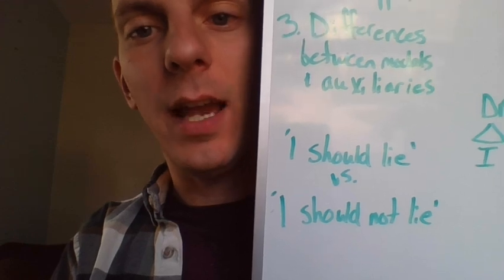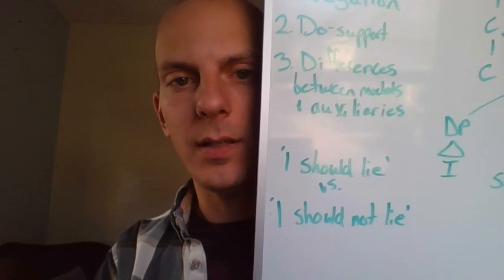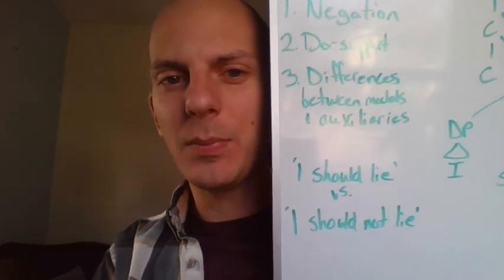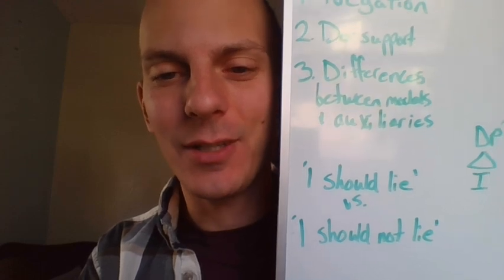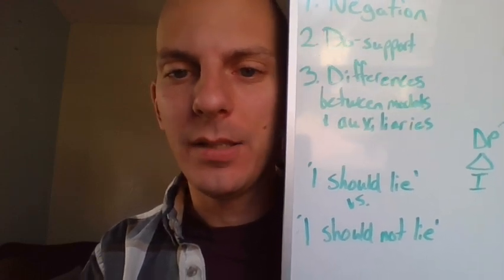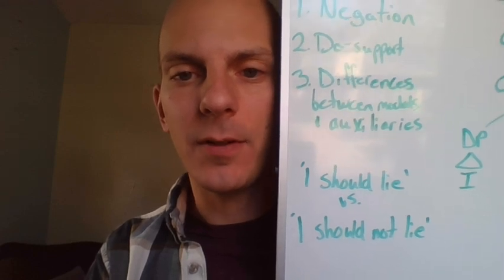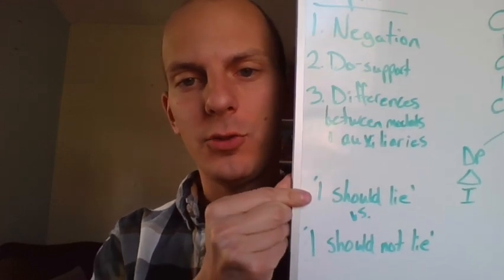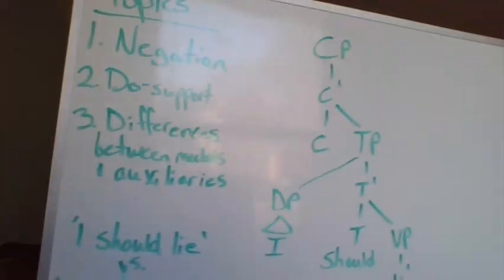You have the sentence I should lie, which we should all be able to draw the tree for by now. Except that's not what we want. Lying's bad. We don't want to be liars, so we're going to negate it and make this I should not lie. So let's see if we can do some sort of transformation. We'll start with the first sentence, I should lie, and see if we can build from it the sentence I should not lie.